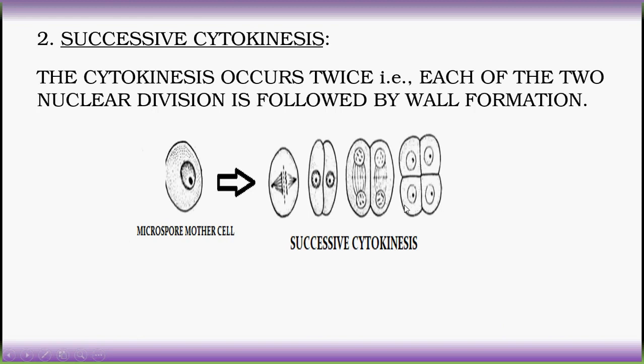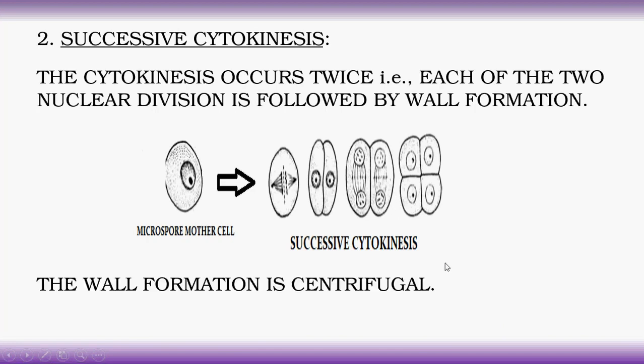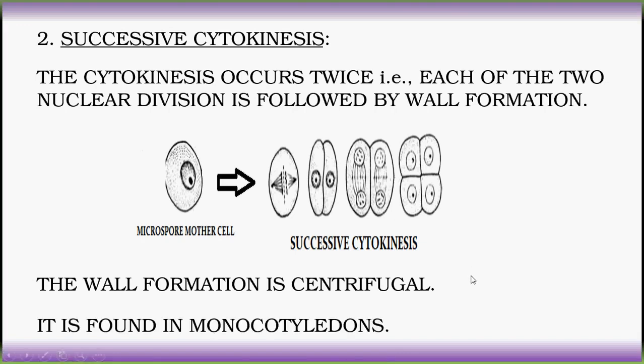This type we call successive cytokinesis. And the wall formation in this cytokinesis is called centrifugal, which means the wall initiation starts at the center and extends to the peripheral wall. This type is called centrifugal wall formation. And this successive cytokinesis occurs in monocots.